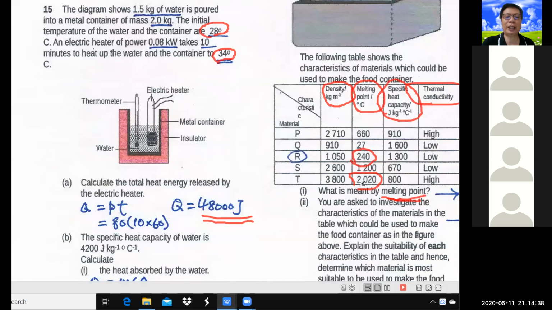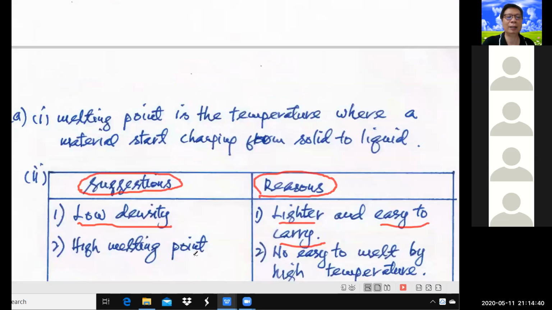But we still put there high melting point. Let me clarify to you, class. In answering the SPM question, we normally choose either high or low. We don't choose medium. You either state low or you state high.